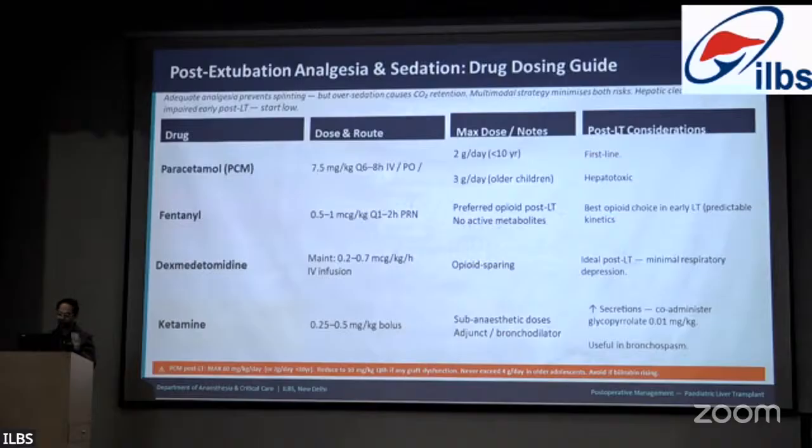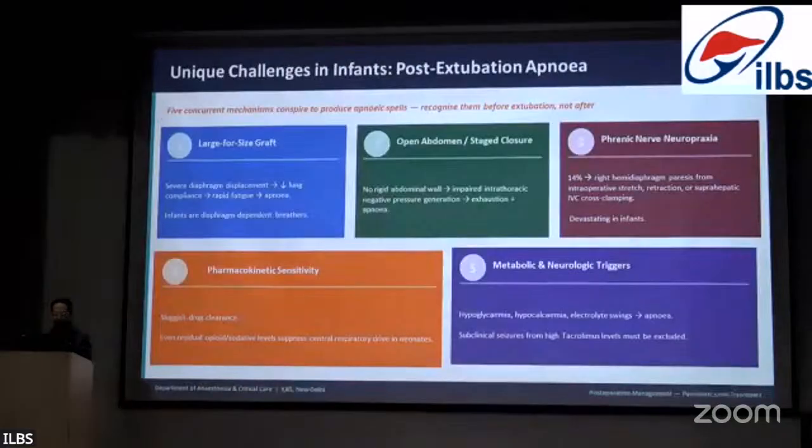Ideally, if required, we use paracetamol 8 hourly at a low dose, and when required, fentanyl can be given. For certain children who have difficulty breathing because of pain, dexmedetomidine or ketamine infusion can be given, but that depends on the situation.